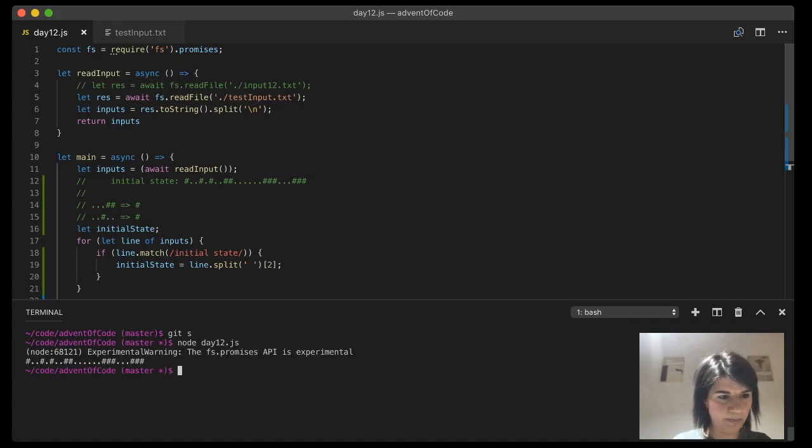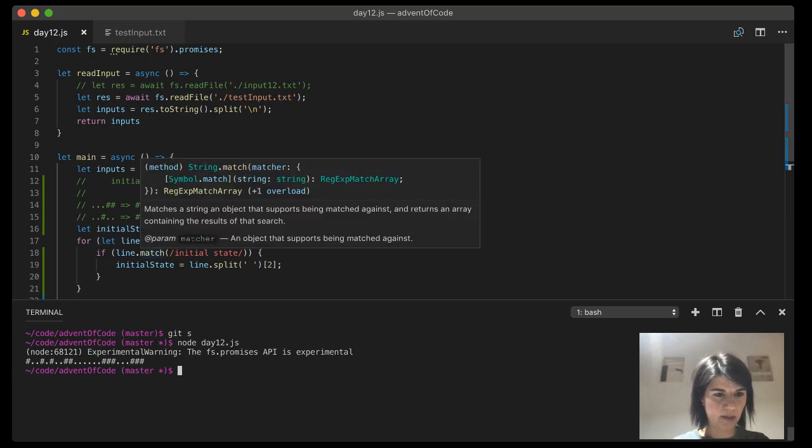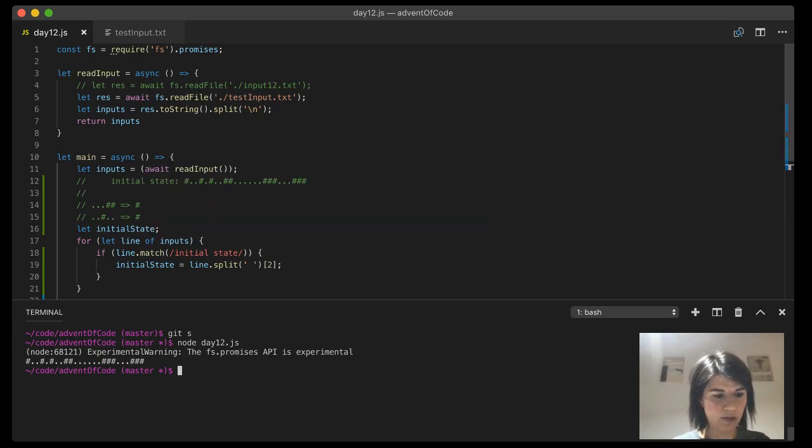Day 12. All right, that looks like we're getting the initial state.